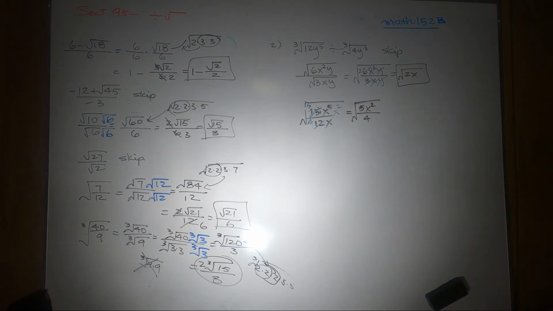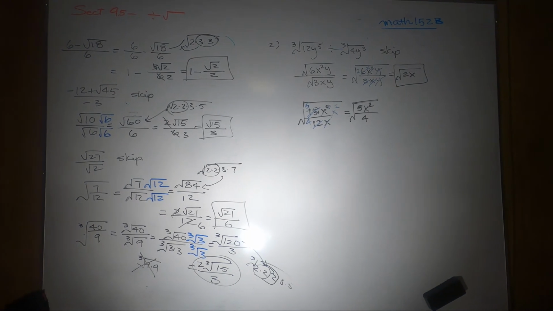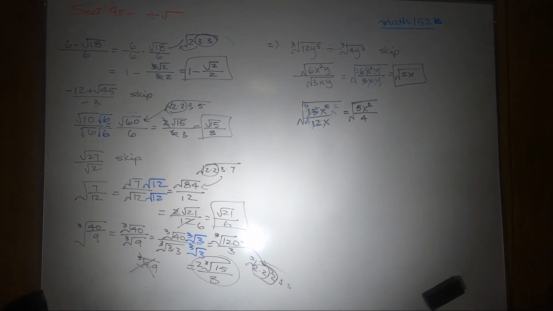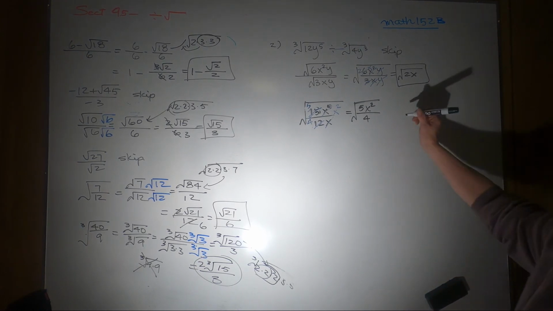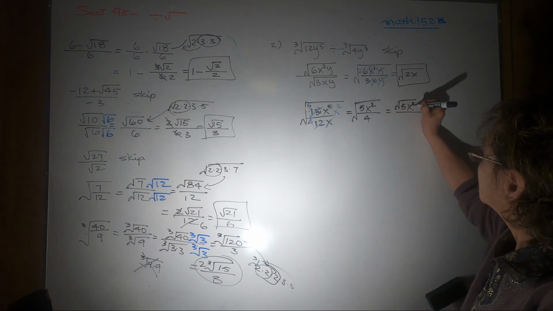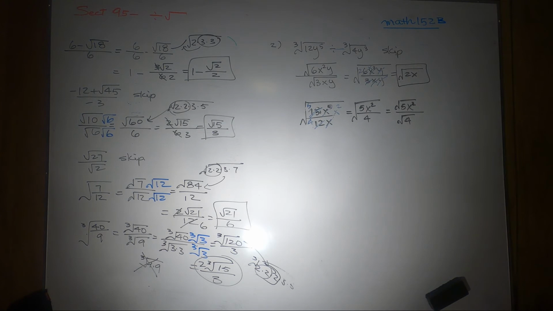Then what do you think you would do next? You will split them, right? So, when you cannot simplify anymore inside for a fraction, then you split them. Then you rationalize them, right?